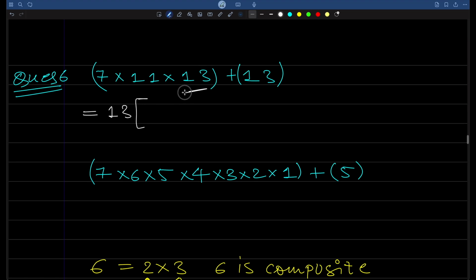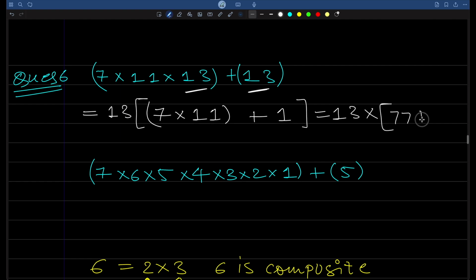So if I take 13 in common, I will get 7 into 11 plus, since I have taken 13 common, I will get 1 here. That is equal to 13 into (77 plus 1), that is equal to 13 into 78.